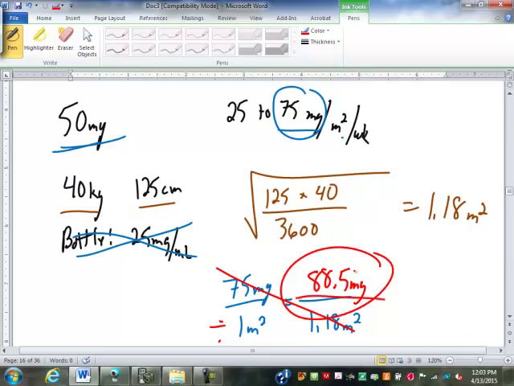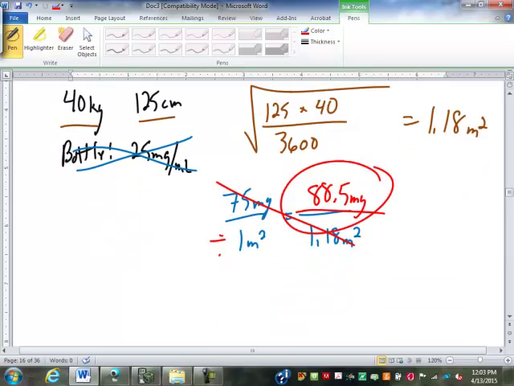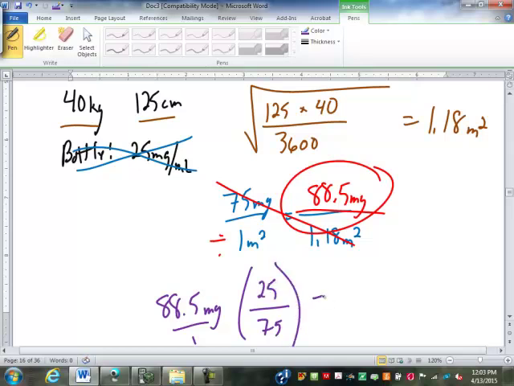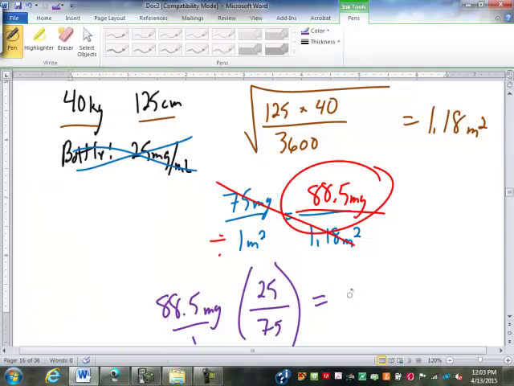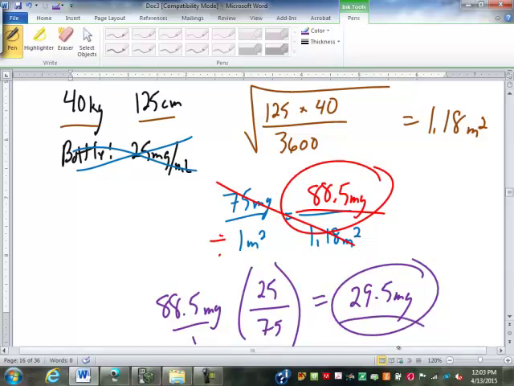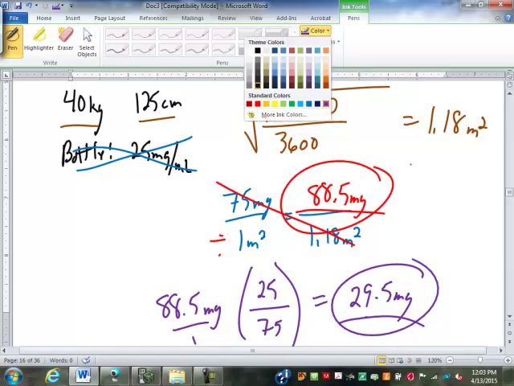Let's make sure that it's not below the minimum. So we'll do a quick titration here. 88.5 milligrams. We used 75 milligrams. We want to convert that to what it would be for 25 milligrams. That'd be 29.5 milligrams per week. So that 50 milligrams is definitely within that range of 29 to 88.5. So this is a safe dose.